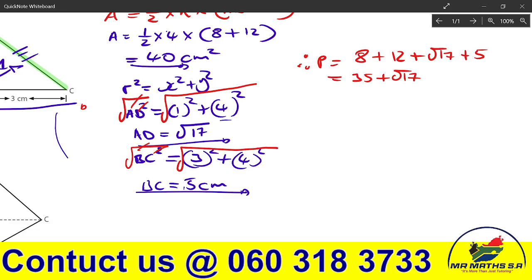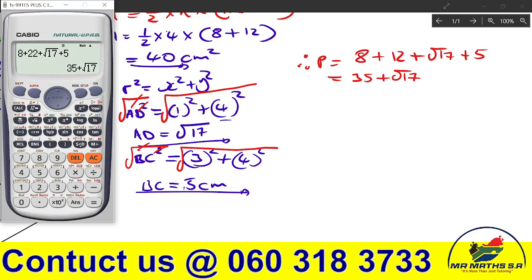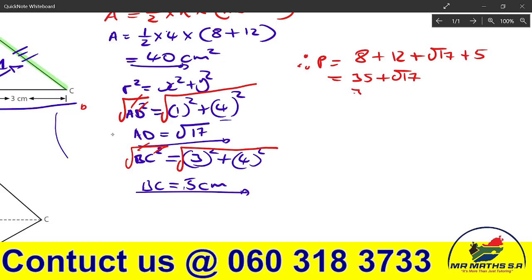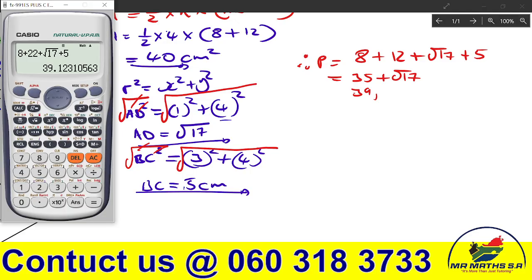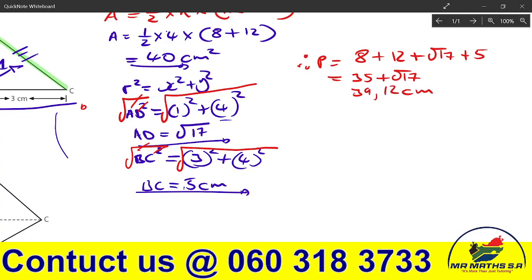If you take that to a decimal, it will be 39.12 centimeters, because this is a perimeter. So we are done with that one. We have answered the area and we have answered the perimeter.